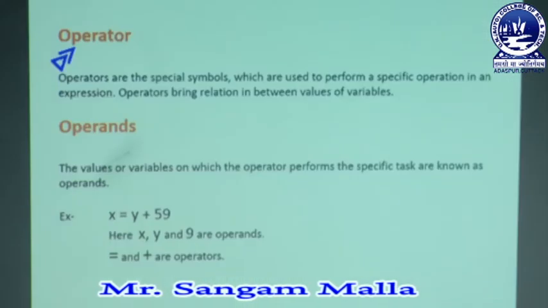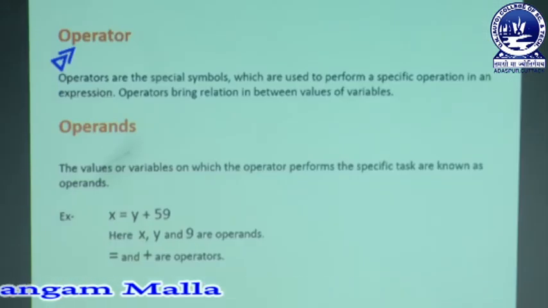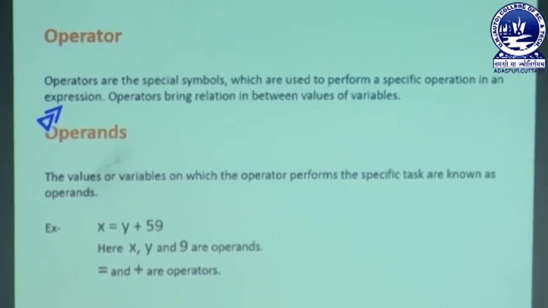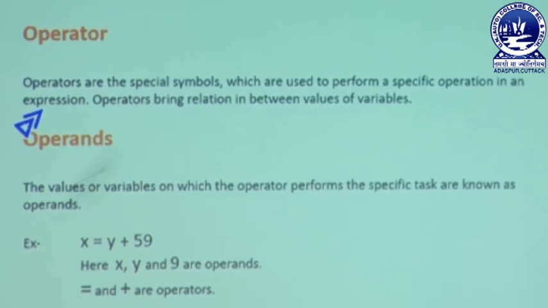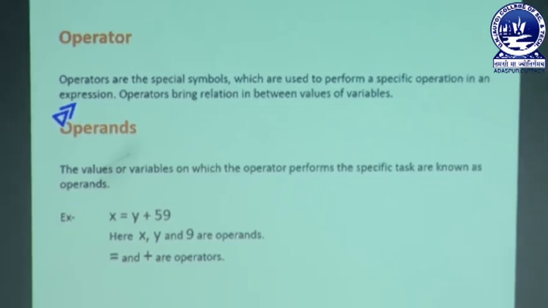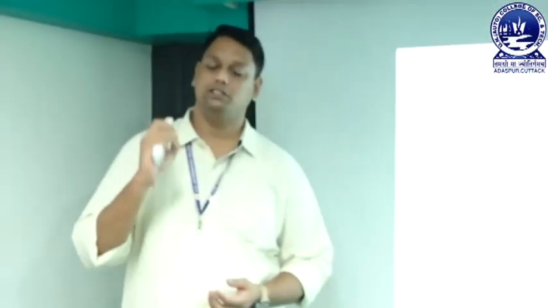So next we will be discussing operators. Operators are the special symbols which are used to perform a specific operation in an expression. Operators bring relation between values of variables. So what do you mean by operator? All the special symbols that are used in the C programming language are termed as operators.